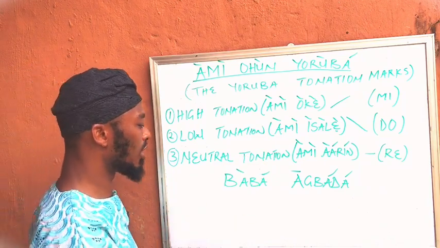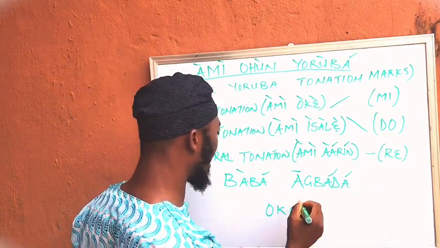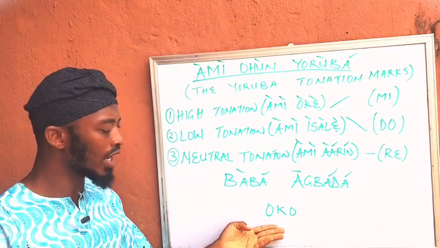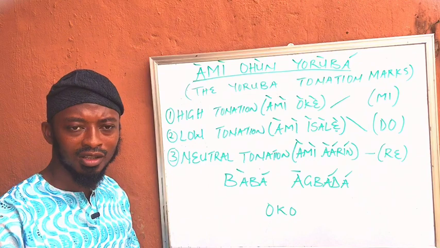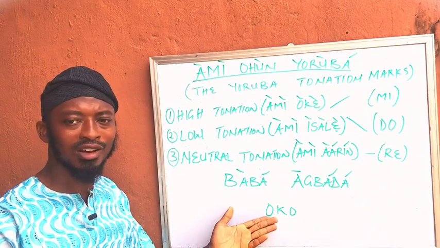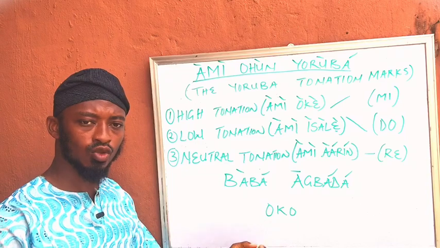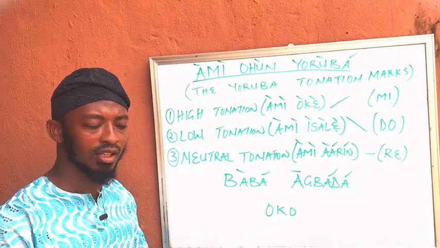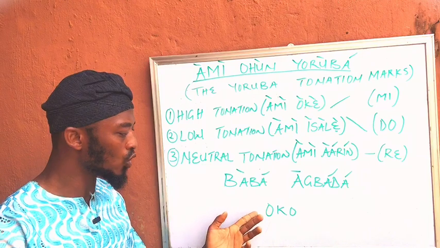Now, take for example, if I give you a word like this, and if someone asks you to read this word now, it might be confusing because this word can be pronounced in different ways.